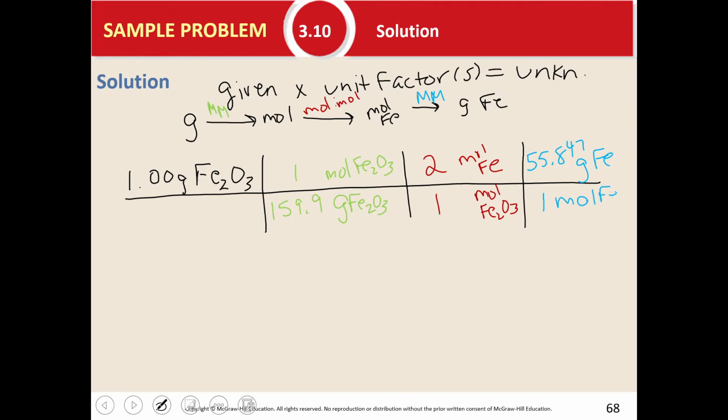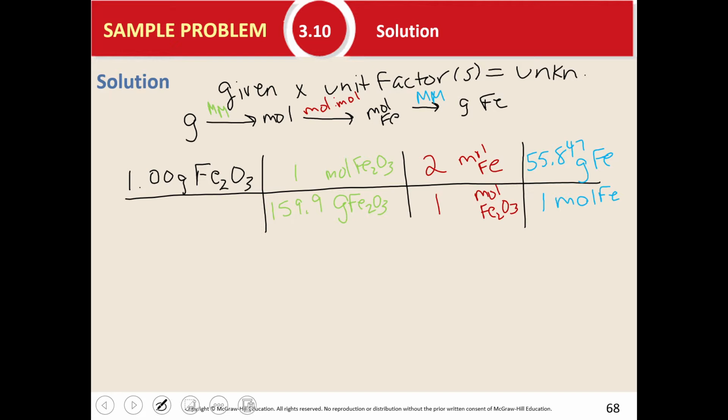Now, you'll notice not only did I write the units of grams and moles, etc., but I also indicated moles and grams of what? Of the Fe2O3 or just the Fe. This way, I don't get confused and put numbers in the wrong spot.